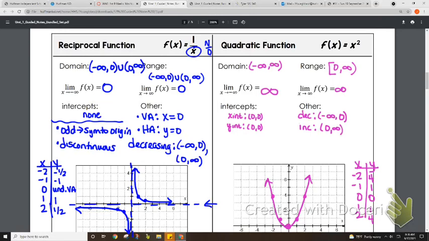Symmetry. So we can see that this function is even because it is symmetric to the y-axis. Okay, boundedness, this graph does not keep going down, so therefore it is bounded below.